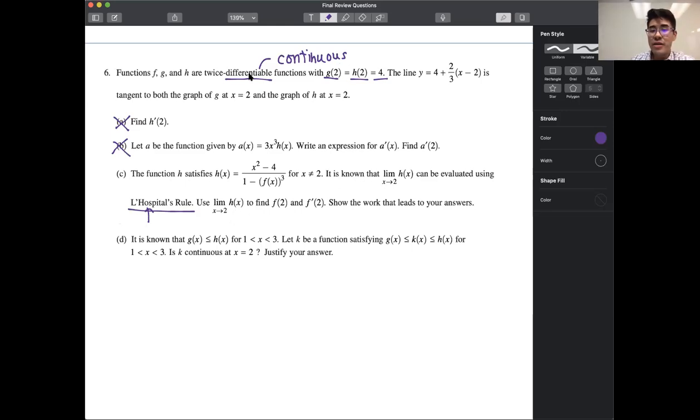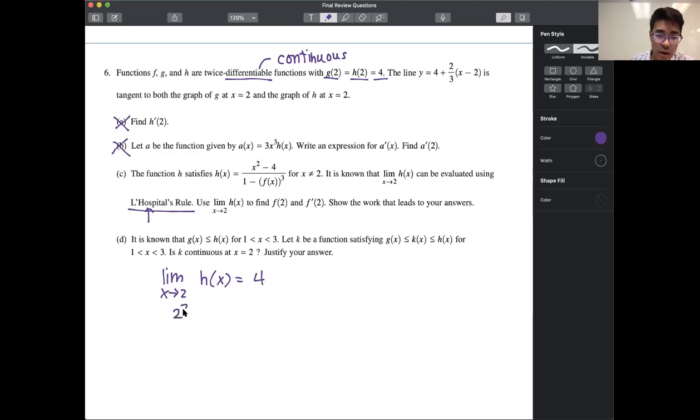If we look at the function and it says it's differentiable, that means it's continuous and its value is 4. That means the limit as x approaches 2 of h of x should equal 4. If that's equal to 4, then we can plug in 2 into this whole equation and see what happens.